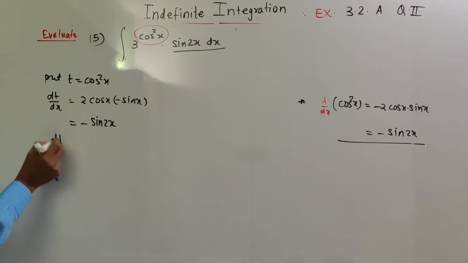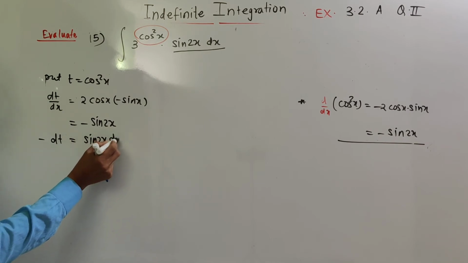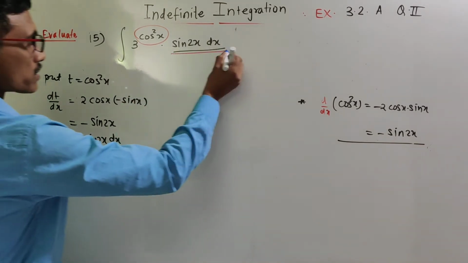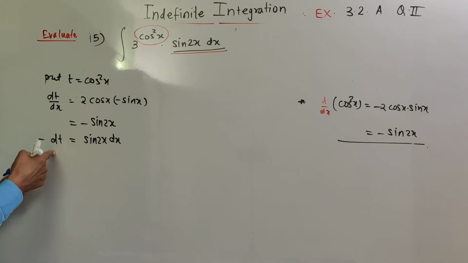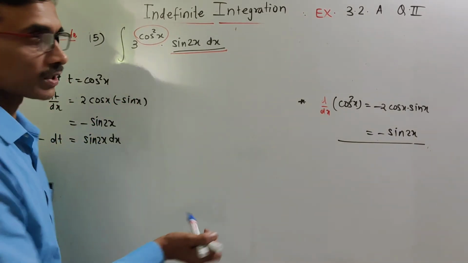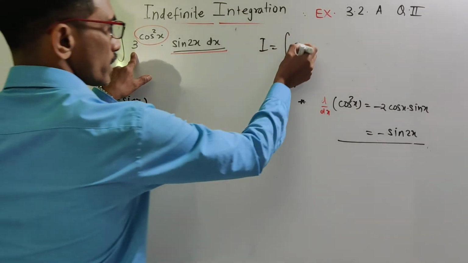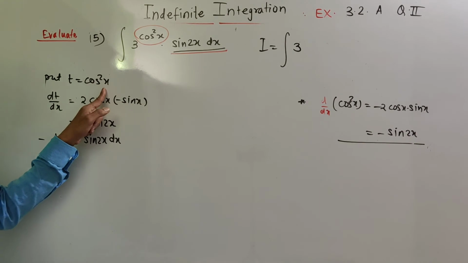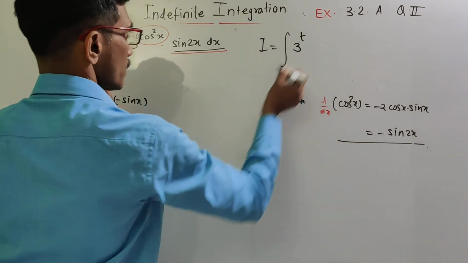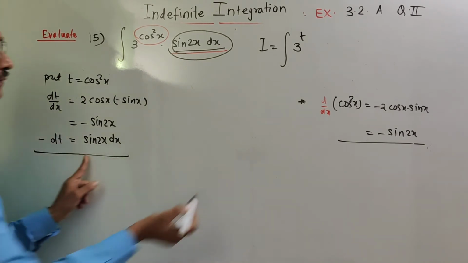We will get minus dt is equal to sin 2x dx. So sin 2x dx is minus dt and cos square x is equal to t. It makes it very simple: integral I is equal to 3 raised to power t, and this sin 2x dx is equal to minus dt.